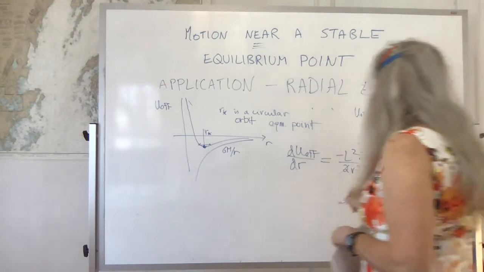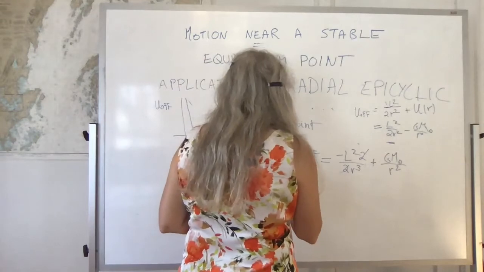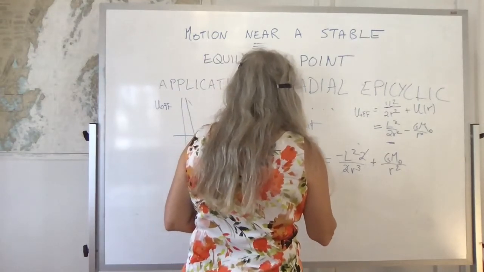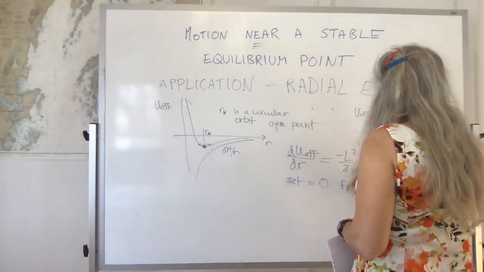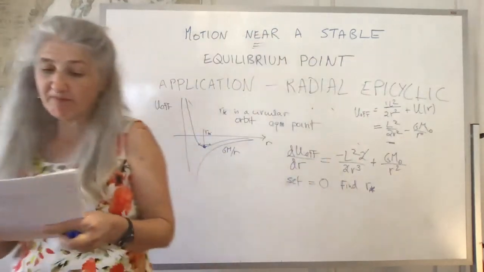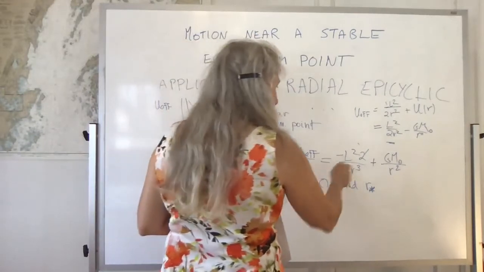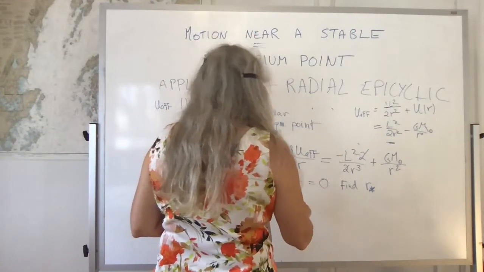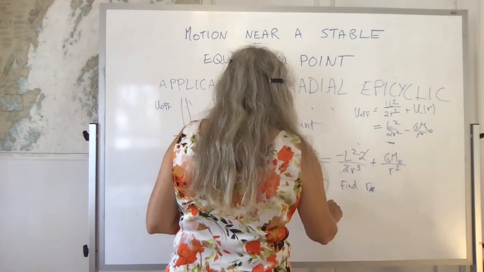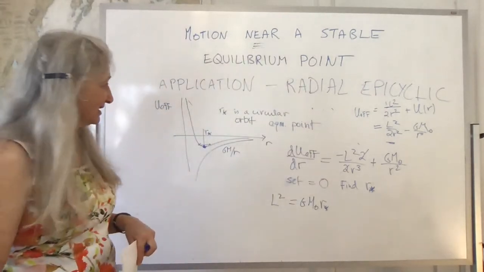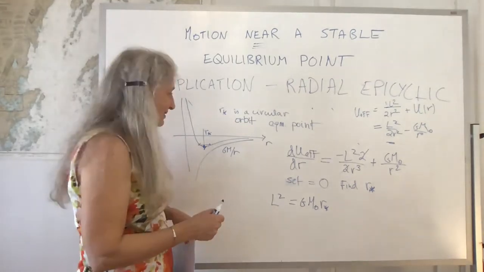And if I set this equal to 0, I can find r star, which is the equilibrium point. So we get L squared is equal to GM r star. That's the condition in terms of the angular momentum.